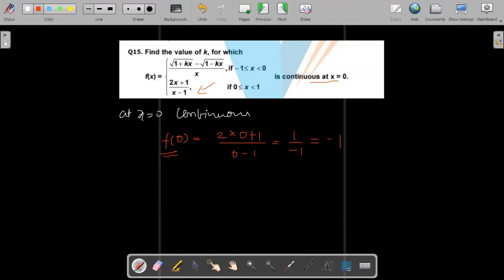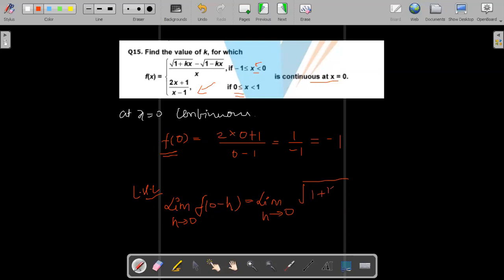Now the point is we have to calculate RHL or LHL, because RHL and f(0) we are getting from here, and LHL is for x less than 0, less meaning left side. So LHL we have to calculate from there. So limit h tends to 0, f of 0 minus h.